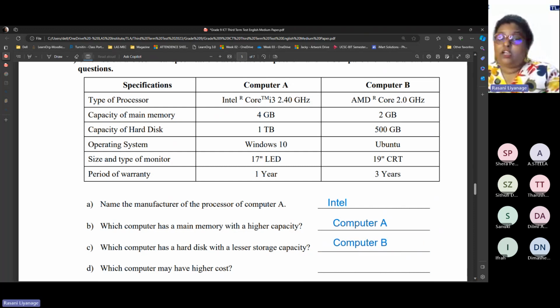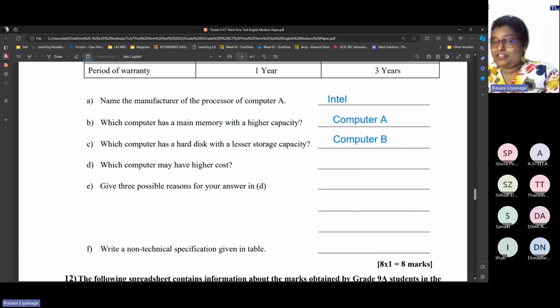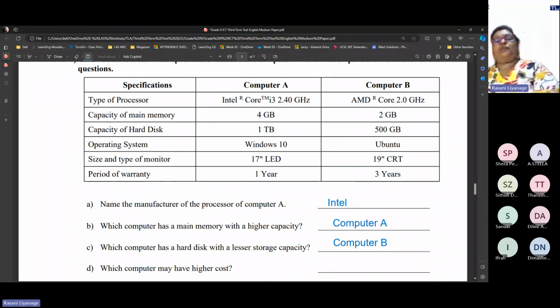Which computer may have higher cost? You definitely have to have reasons. Then බැලුවම තේරෙනව නේද? Processor of course the same. i3 එකයි core 2.0 AMD එක almost the same. 4 GB 2 GB, of course 4 GB is more. Hard disk එක 1 TB 500 GB, 1 TB වැඩි, obvious.